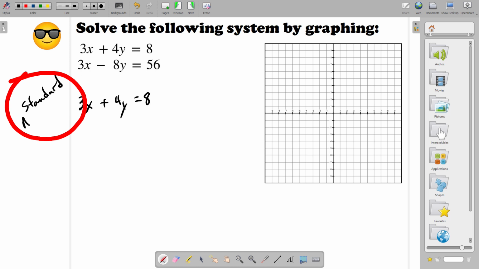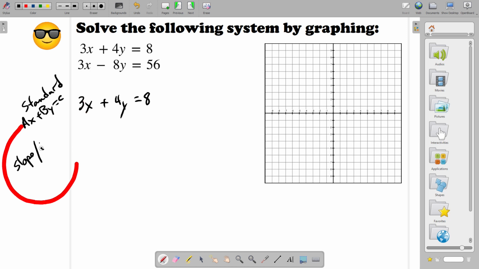Standard form is ax plus by equals c, where the a term, the x coefficient, is positive. I need this in slope-intercept form because slope-intercept form is easier for graphing. y equals mx plus b, because b is my y-intercept, m, the coefficient of x, is my slope.